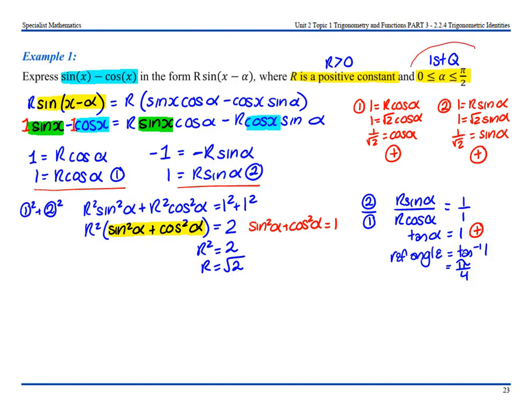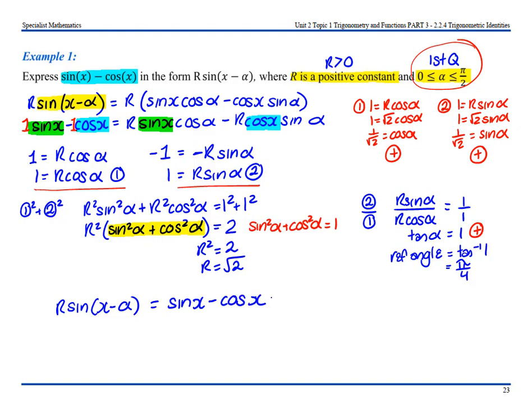It also said it with the domain at the beginning, but that's just to explain that. So now let's plug in with what we started with. We said that r sine (x minus alpha) was equal to sine of x minus cos of x.